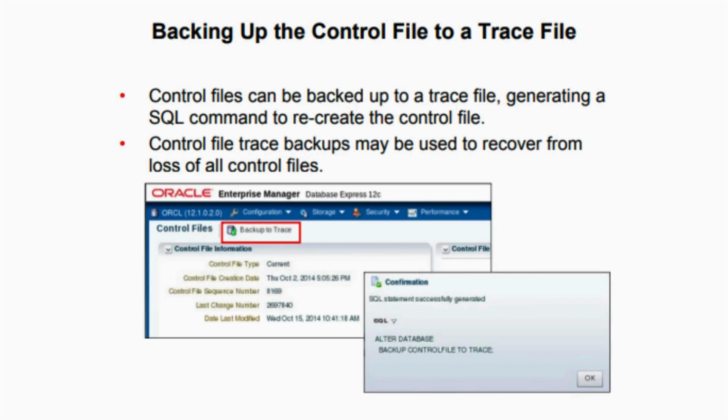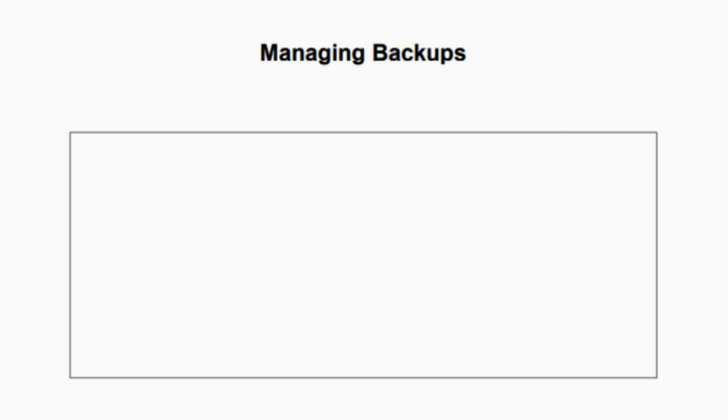For example, in this course, the trace file for the ORCL database is found in the /u01/app/oracle/diag/rdbms/orcl/orcl/trace directory and will have a file name such as ORCL_ORA_924.trc.